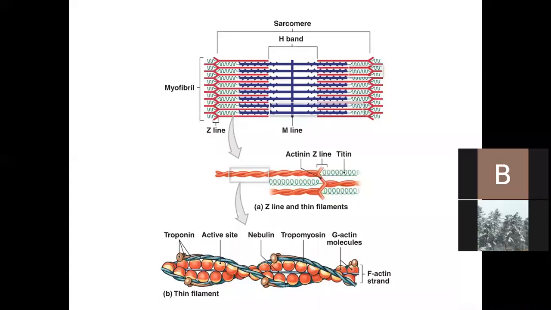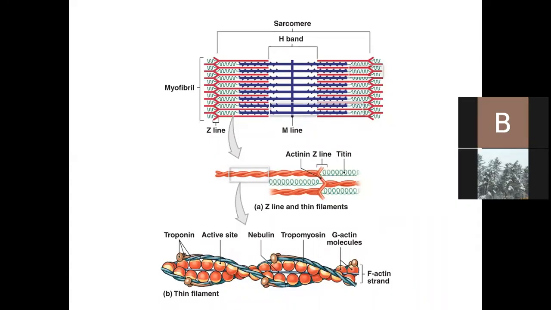For you to understand how the muscle functional unit works, it is absolutely necessary for you to understand the proteins that are involved. So I've been mentioning actinin, which holds the actin molecules.